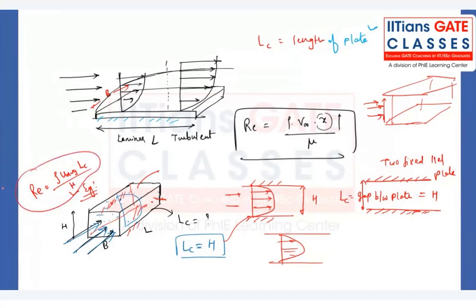Yes, only on LC. But that will be a 2D flow, right? For 2D flows, we have to see the behavior in the X direction as well as the Y direction. If I take this as the X direction and this as the Y direction, we have to see both.